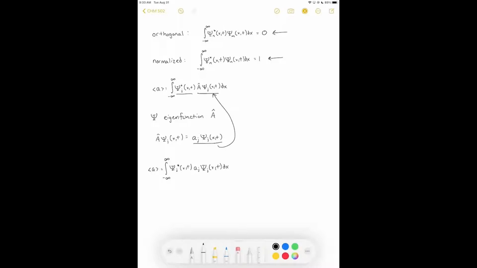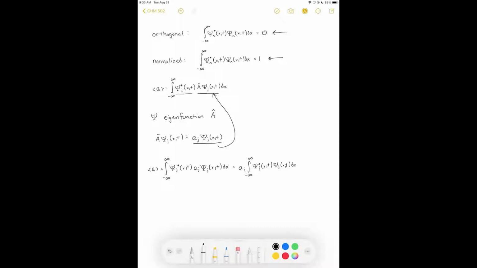From here, we note that a sub j is simply a constant, which means we can pull this constant out of the integral. So we can write this as a sub j times the integral from negative infinity to positive infinity of psi star j of x and t, times psi j of x and t, dx.